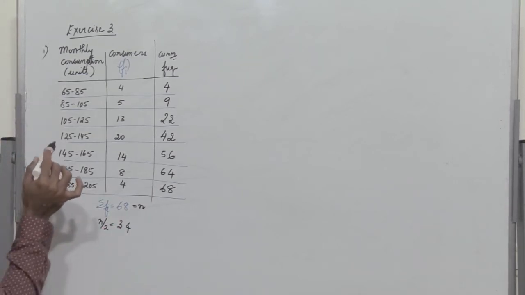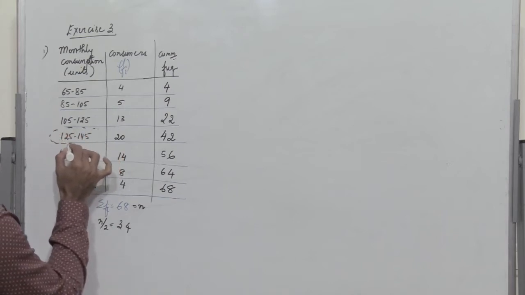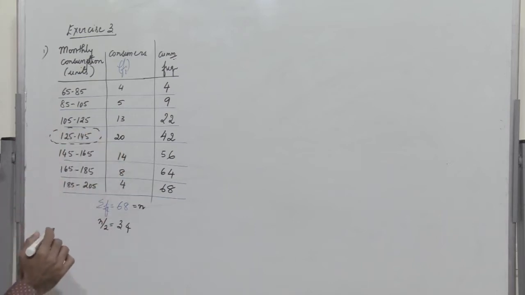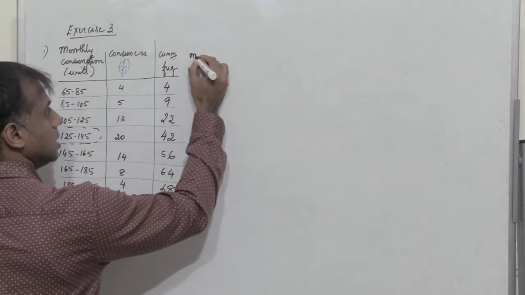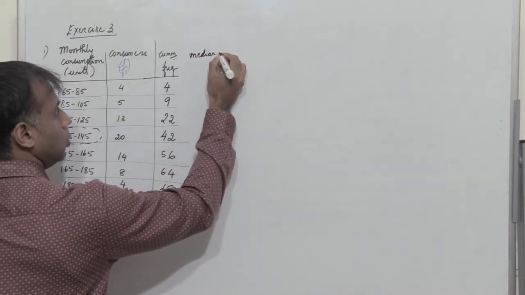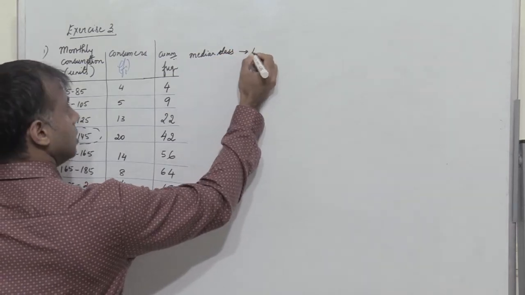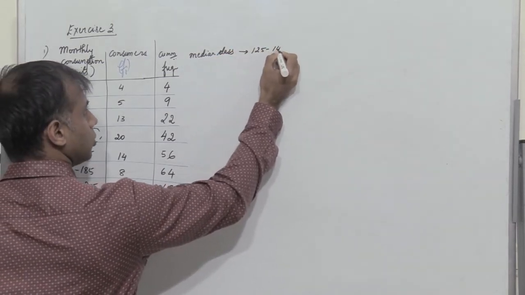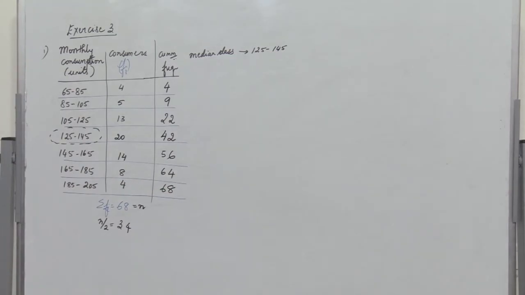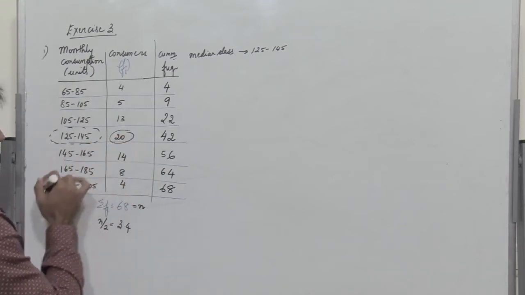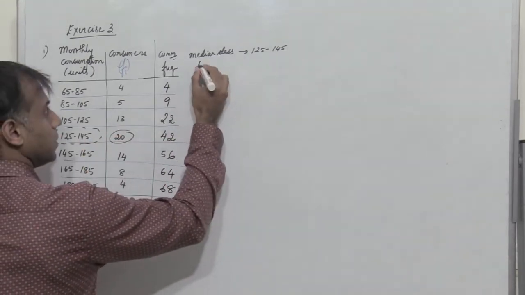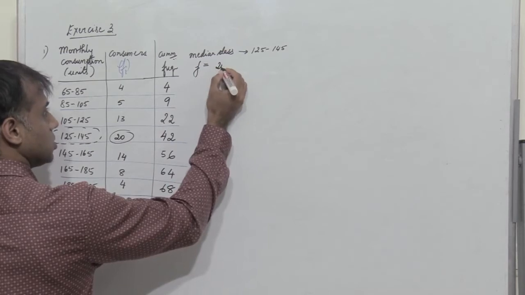So 34 lies in the class interval 125 to 145. So we have the median class which is 125 to 145. Right? So once we identify the median class, I also need to identify f, that is the frequency of the median class, which is 20.